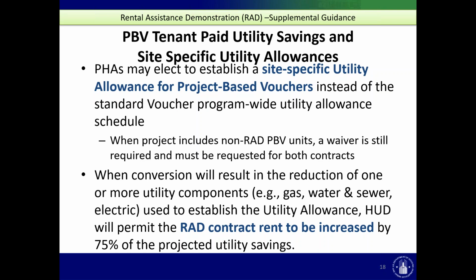So essentially, if you give us an engineering report that shows that because of repairs you're doing, the utility allowance will be reduced from $100 to $60, then for a difference of $40, 75% of the $40, or $30, could be added to the contract rent, which can be a nice little rent bump.